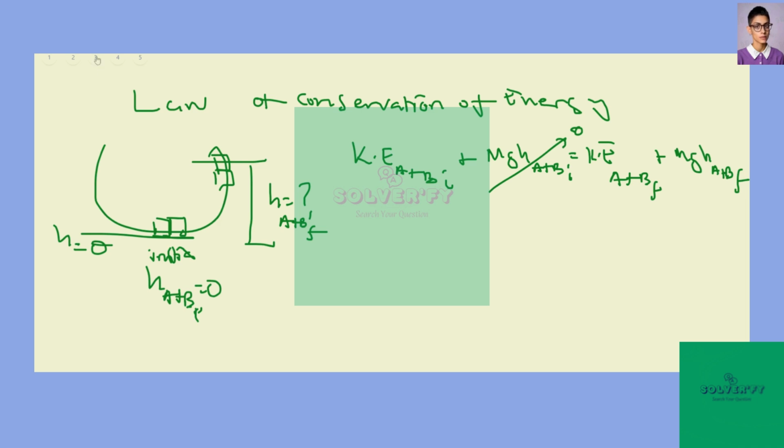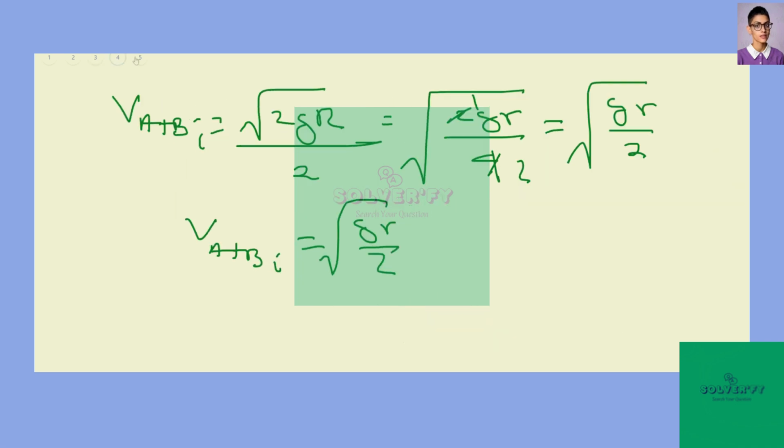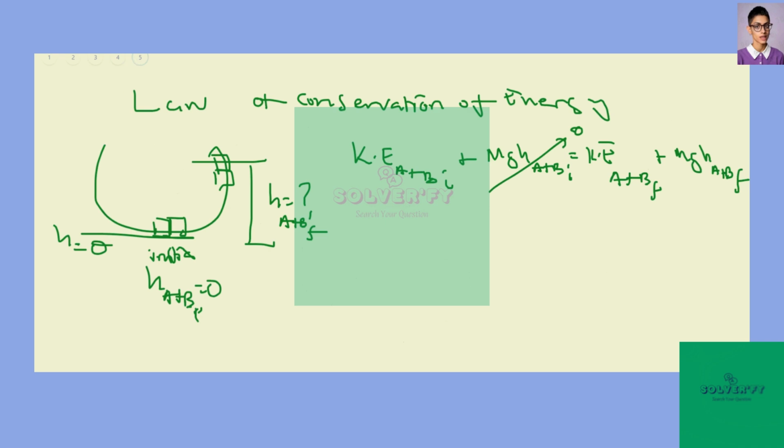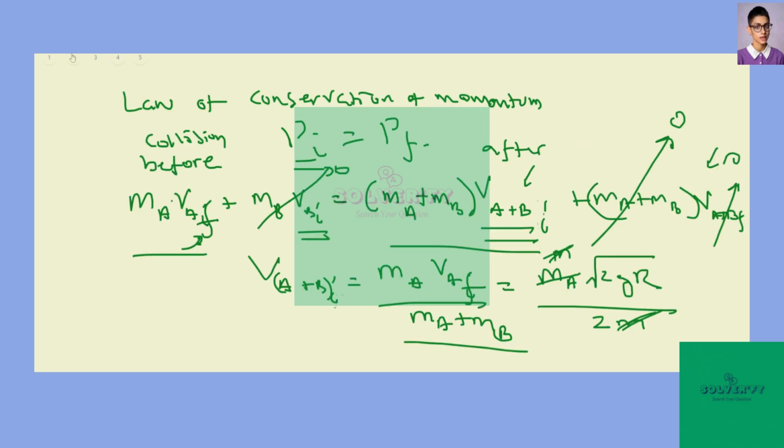So going back, just before they stick together, we do have the initial velocity, so we can get the initial kinetic energy. The final kinetic energy will be 0 because the final velocity of the two masses, when they stick together, is 0.